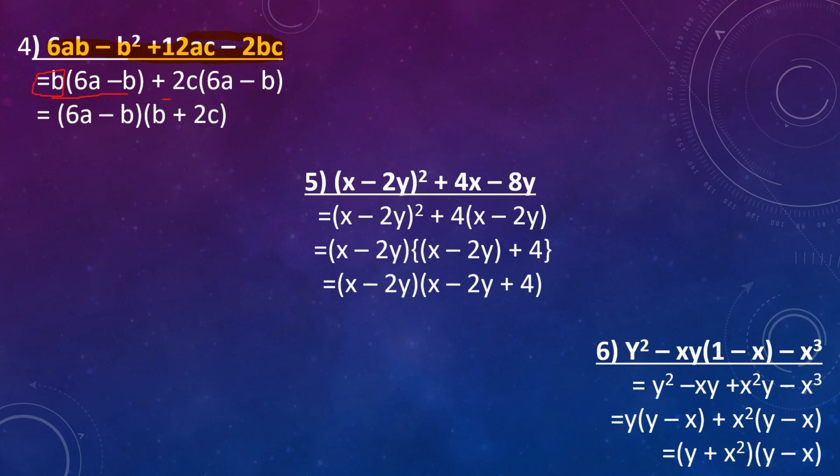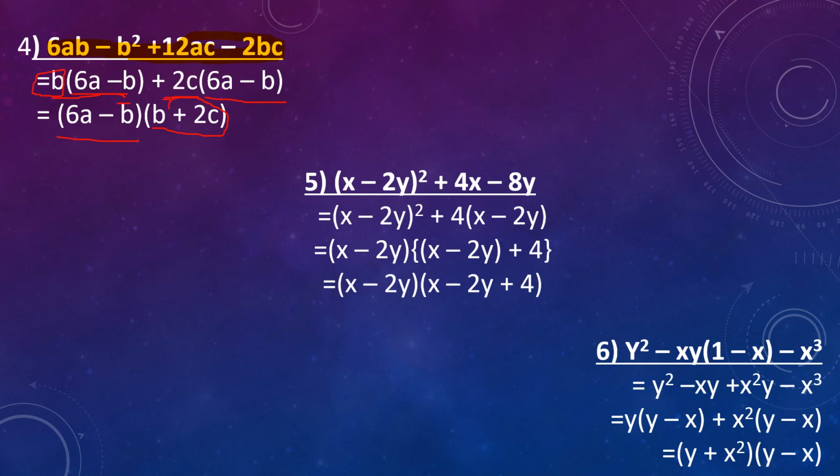So inside bracket what is left? 6a minus b plus, from the next you can take 2 as well as c common. So inside the bracket what is left? 6a minus b. Overall what is common? 6a minus b. So after that what is left with you? B plus 2c.